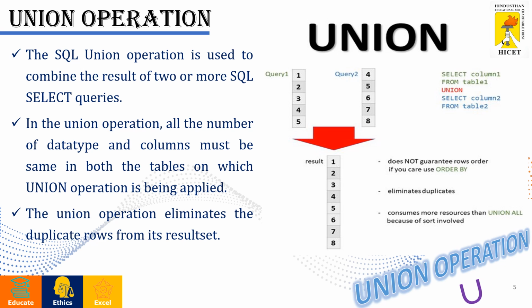The result will have the values 1, 2, 3, 4, 5, 6, 7 and 8. So the union operation is a very simple operation where you combine two or more tables to form a single one, and all the values of both the tables are combined and the duplications are eliminated.